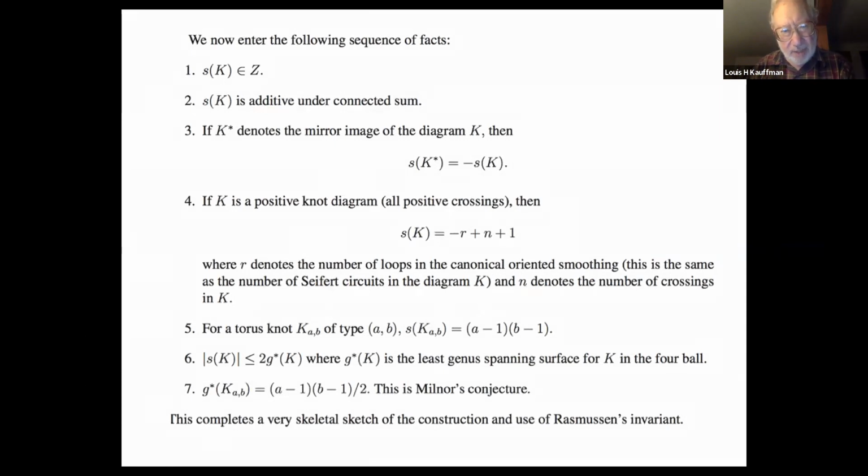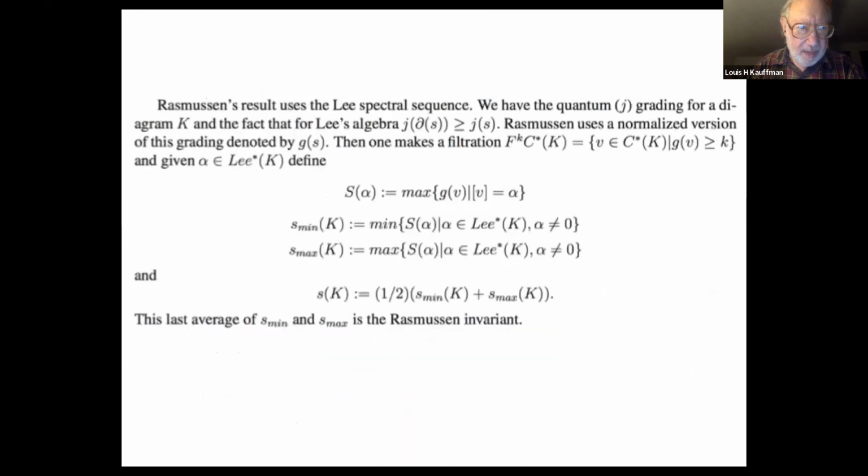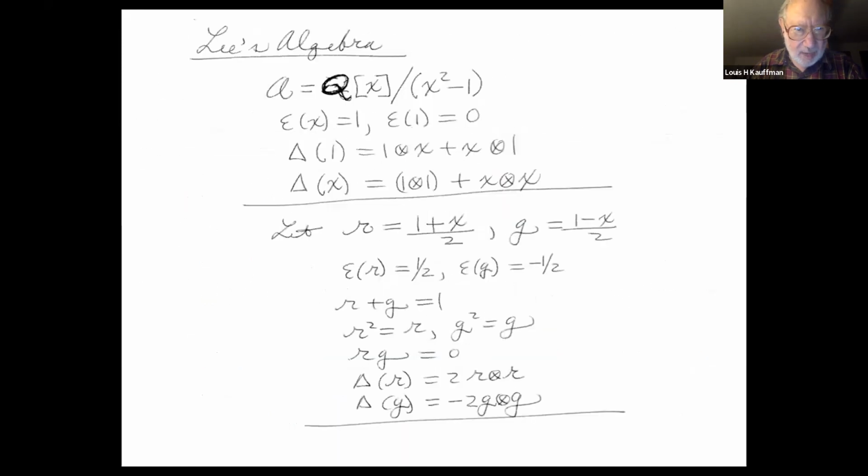And when you take a positive knot diagram, it has the property that I was telling you about. And it behaves that way on torus knots, and it's less than or equal to the four-ball genus. So very nice invariant. And now let's go back to the Lee homology.